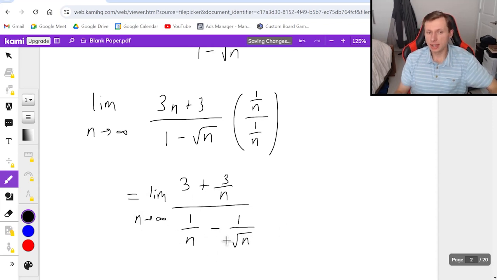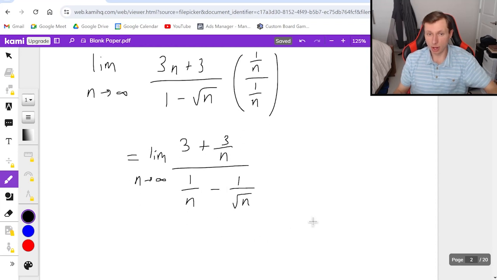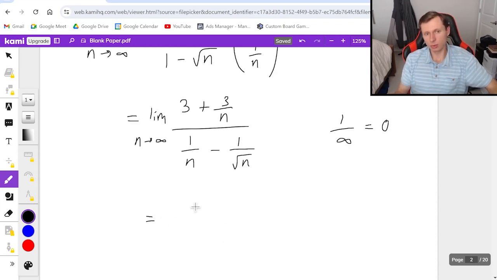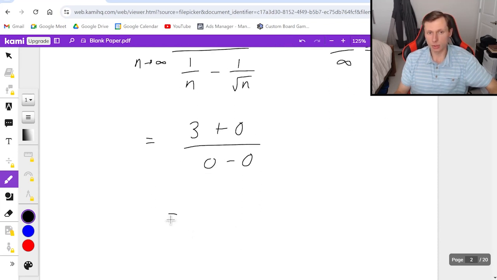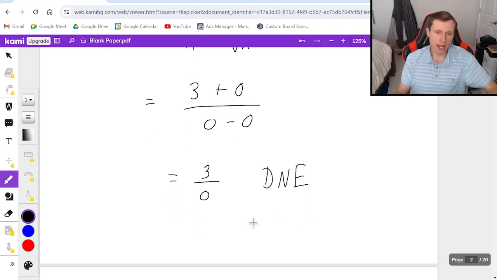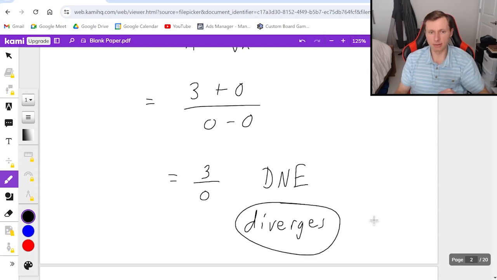Wherever there's an n in the denominator, that will become 0. In other words, 1 over infinity becomes 0. So it will be 3 plus 0 divided by 0 minus 0. In other words, 3 over 0. This limit does not exist, or you could say it goes to infinity. Either way, this limit and this sequence is going to diverge.